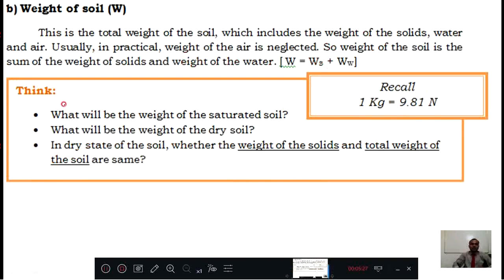Next, coming to weight of soil. Sometimes we will use the word mass, sometimes we will use weight, but the meaning is the same. We are weighing both things, we are measuring the quantity only, but the units are different. Weight means you are measuring that quantity in terms of kilonewton or newton.